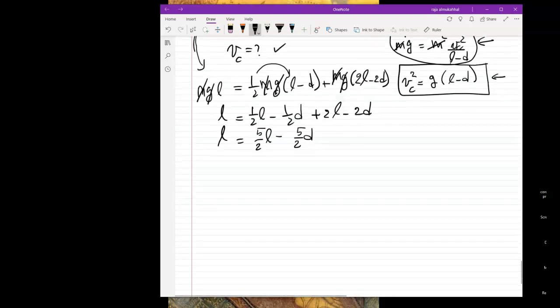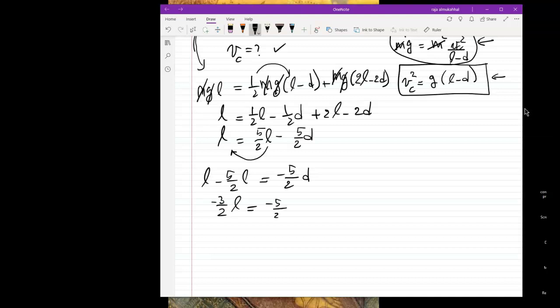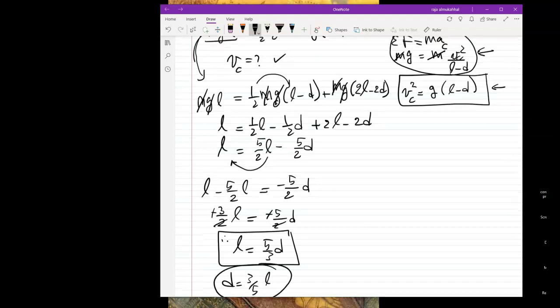Again, move this over here, L minus 5/2 L equals minus 5/2 D. This will give me minus 3/2 L equals minus 5/2 D. The 2's cancel out, the minus cancel out, therefore L is equal to 5 over 3 D, or D equals 3 over 5 L. And that's what he was asking for here.